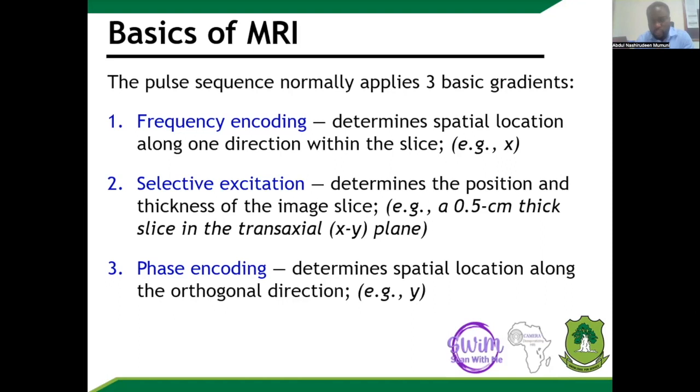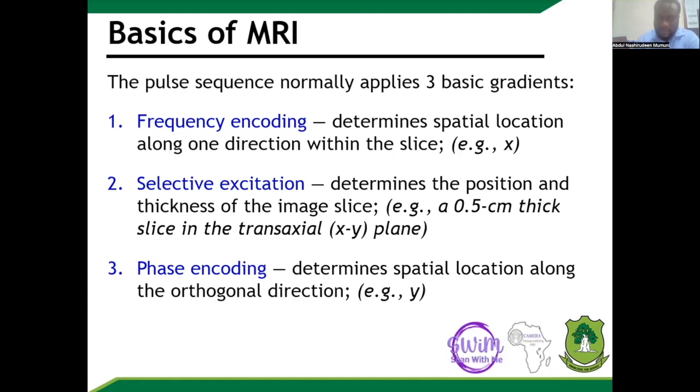So frequency encoding would give varying frequencies to various parts of the body in such a way that some would be exactly at the center frequency, and some would be slightly above, some below. So by the frequency variations, we can tell where a signal is coming from. So that's the first gradient application.